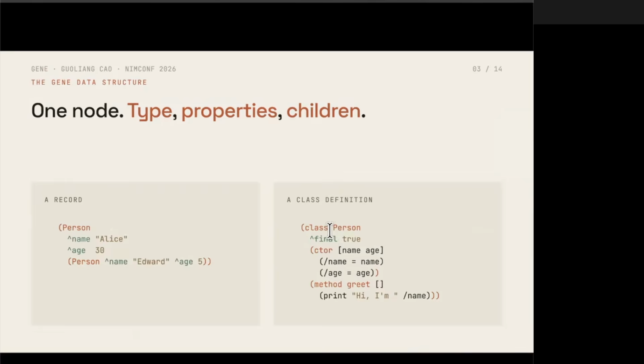It can be after the type, or inlined between the children. That's the flexibility of the syntax. I also want to stress that the type, the property value, and the children can all be anything. That's the flexibility and the goal of the Guoliang data structure.